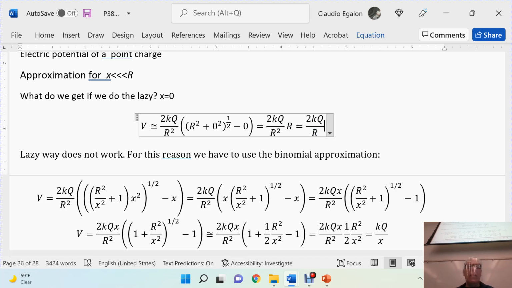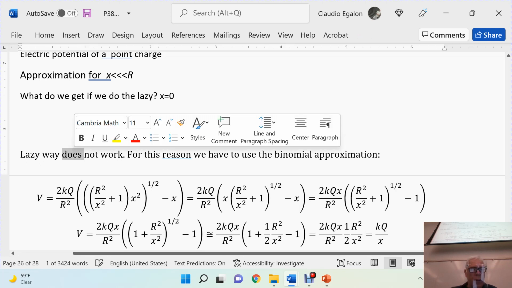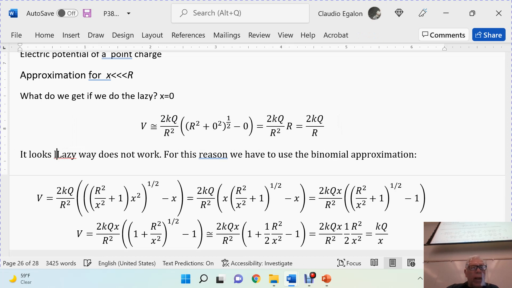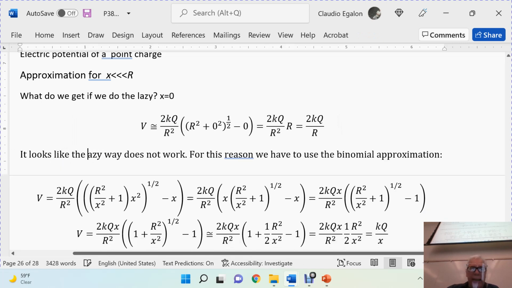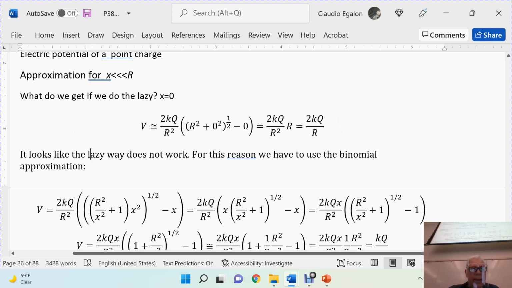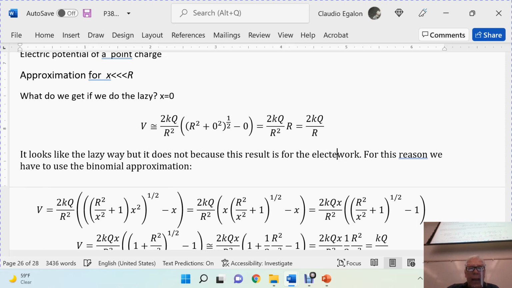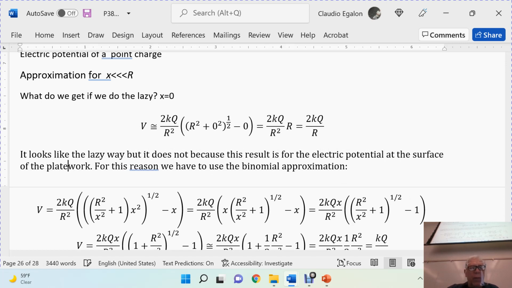It looks like the lazy way works, but it does not, because this result is for the electric potential at the surface of the plate.